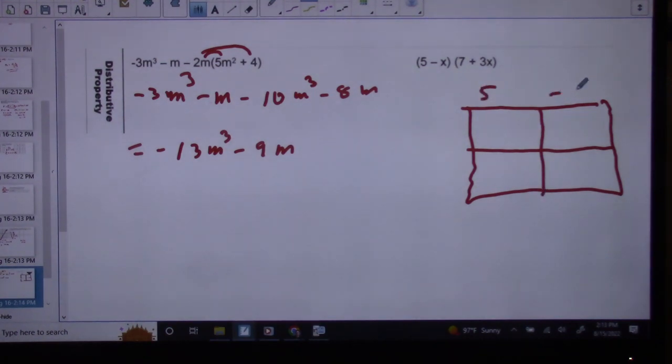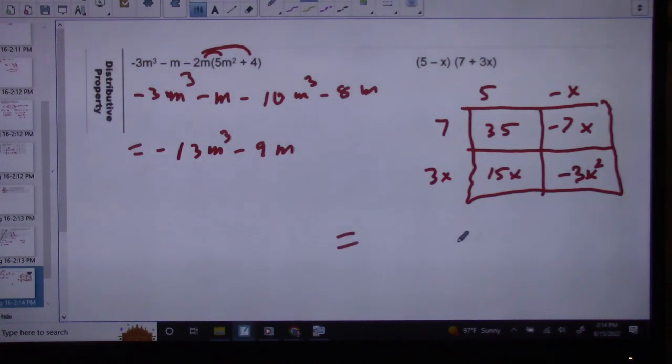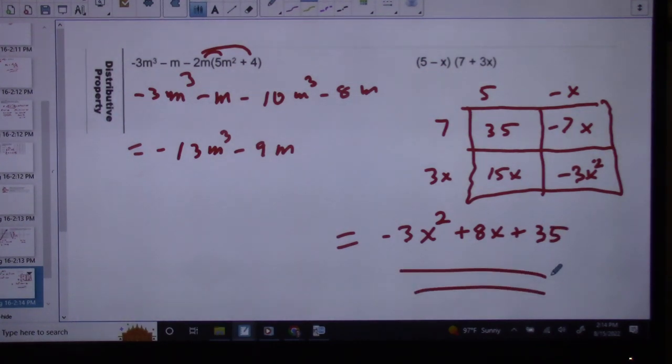So 5 minus x here, and we put 7 plus 3x. And so we get 35 here, negative 7x. We get 15x. And finally we get negative 3x squared. If we combine like terms, that's going to simplify to negative 3x squared, and then we have 15 minus 7, which is going to be 8x plus 35. Okay, does that look right? Yeah. And that's all of it, right?